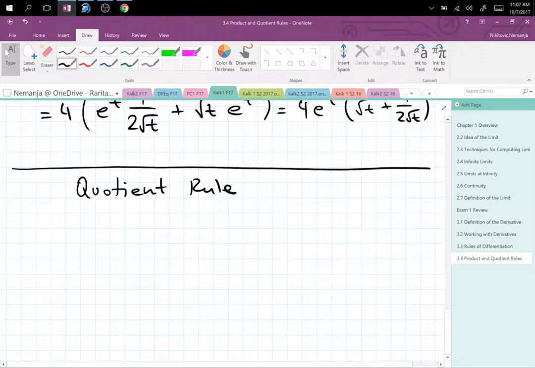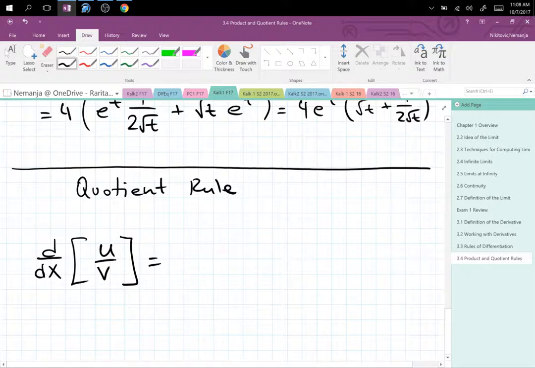Again, something to memorize and then use. The derivative of u over v as functions, right, is vu prime minus uv prime over v squared.